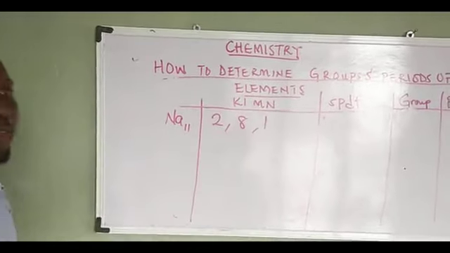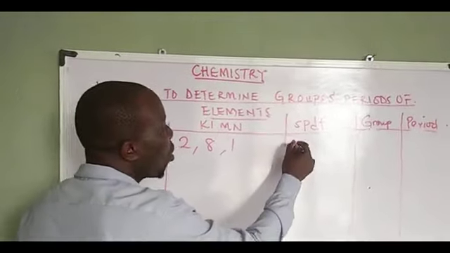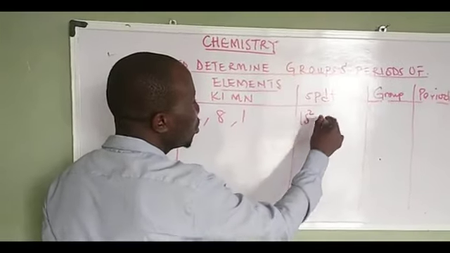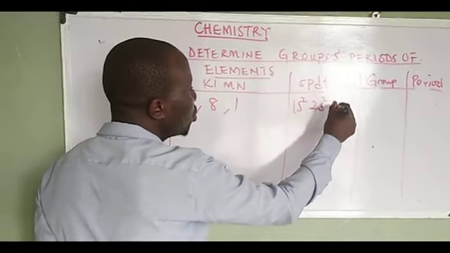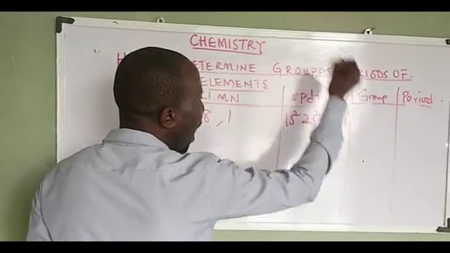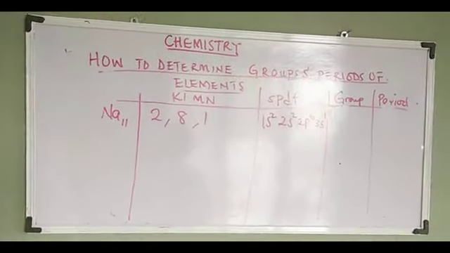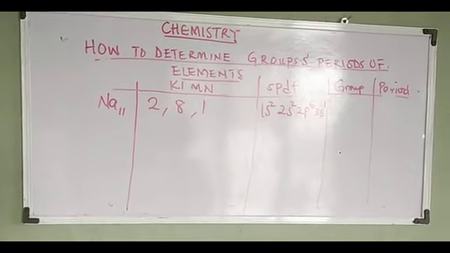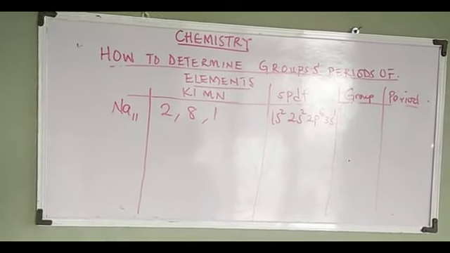For SPDF format, we have 1s2, 2s2, 2p6, 3s1. That's the SPDF electronic configuration. Now, how do we get the group?